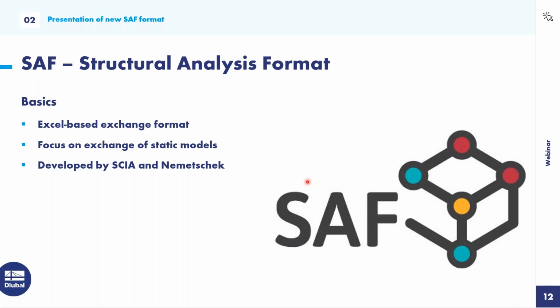The best way would be a kind of Excel format, or a spreadsheet, something like that. So the SAF, called structure analysis format, is an Excel-based exchange format. The focus is really on the exchange of static or structure analysis models, and it was developed by SIA and the Nemetschek group. The advantage is that every civil engineer, because of the simple language, can understand this format.